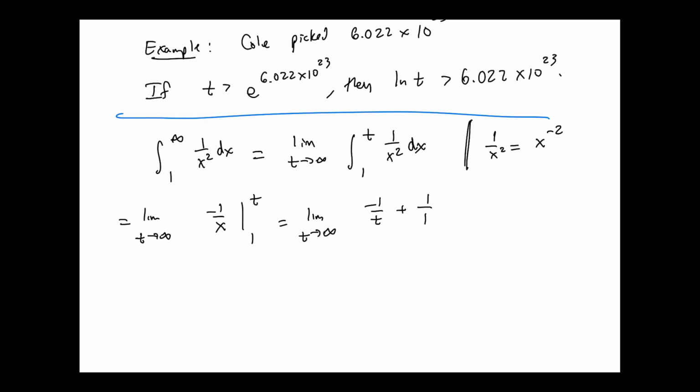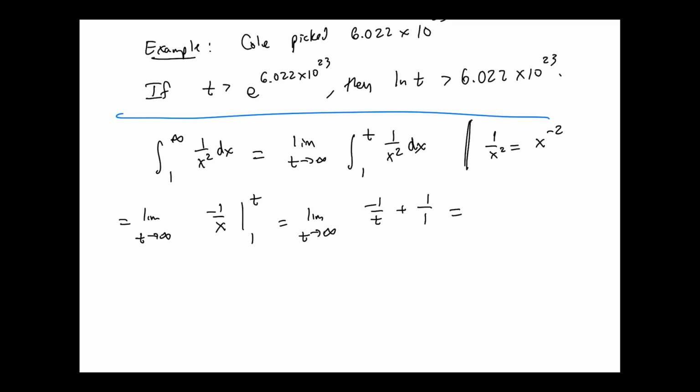Okay. All right. Now, what's that limit? Well, what's the one part? 1 over 1. The limit of 1 is 1. It's a constant. But what about as t goes to infinity, what does negative 1 over t do? It goes to 0. Why?